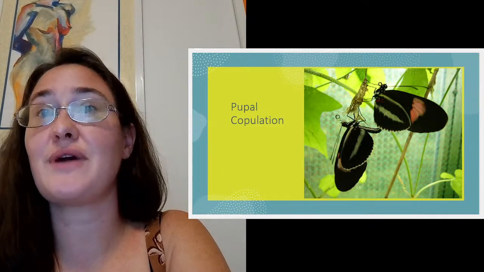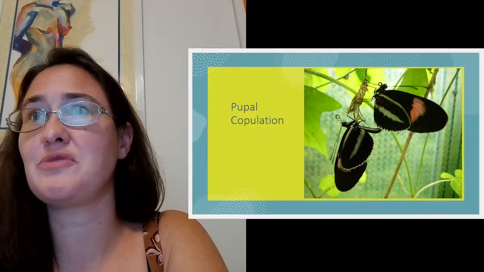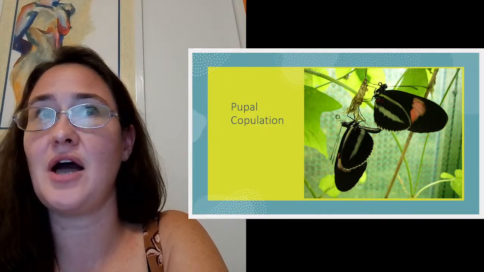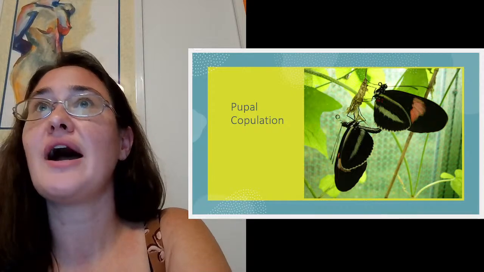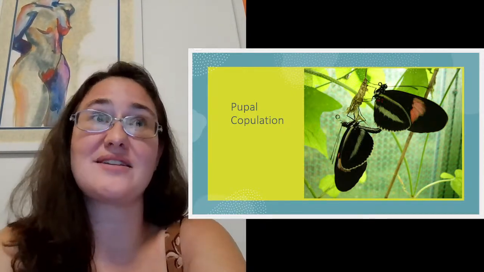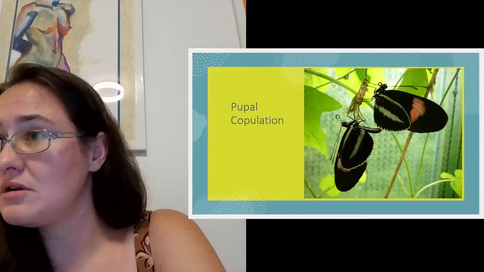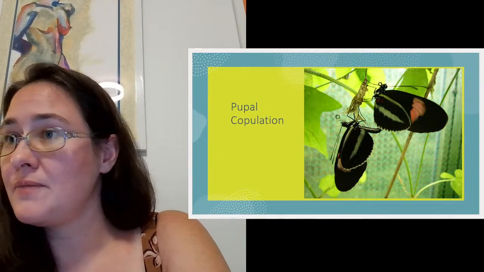They do it both ways. They mate as adults, and they do the pupal copulation. So yes, they are going to continue mating throughout that 6 months, and so they will mate with multiple males.